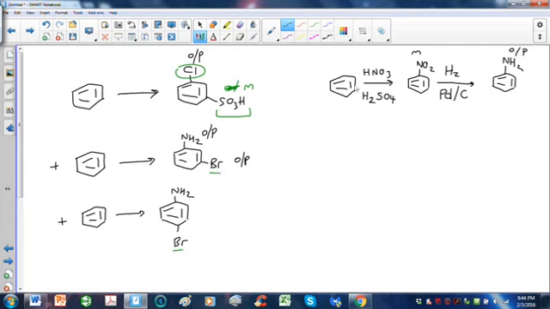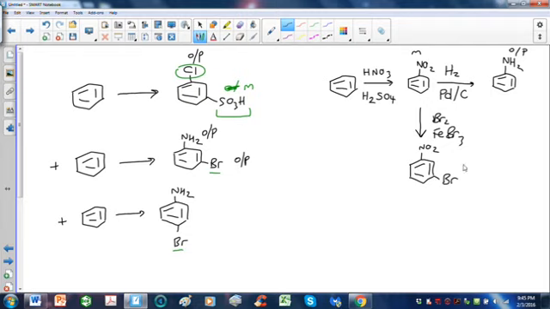So the first thing I can do is make my nitrobenzene. Now I know nitro is a meta-director, so if I then do my bromine with the catalyst, I'm going to put my bromine meta to my NO2.